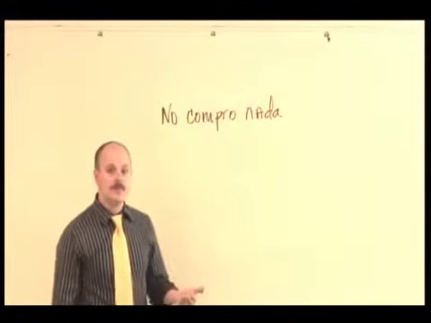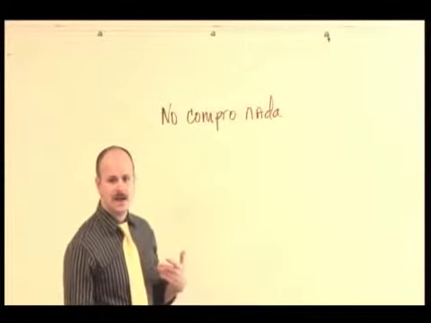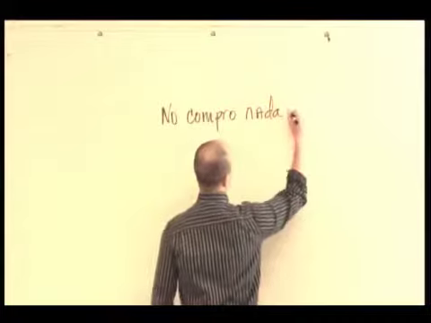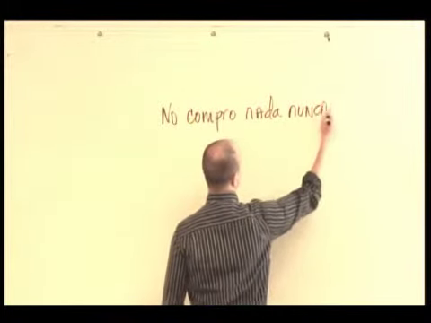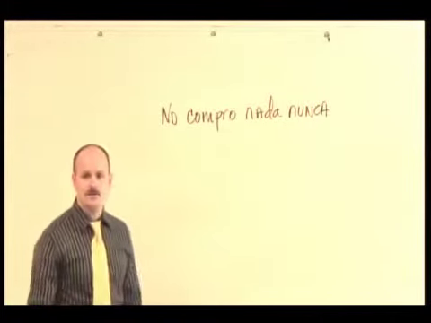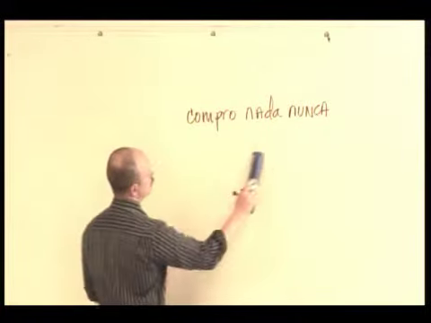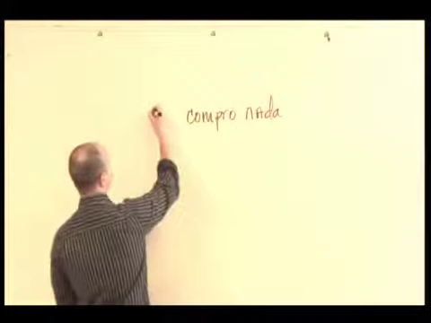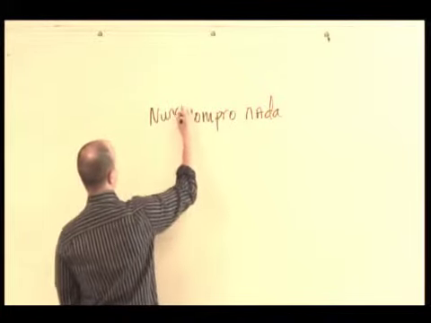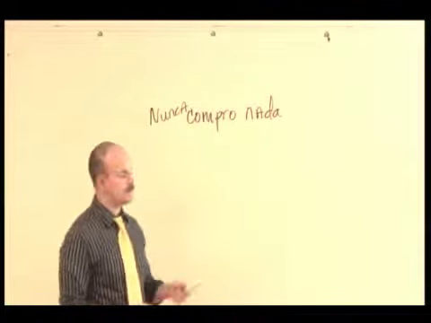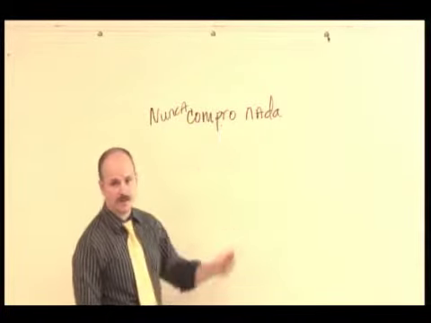But if I don't ever buy anything, in Spanish we'd say I don't never buy anything, and we could say no compro nada nunca, which would mean I never buy anything. I can of course as well put this nunca at the beginning. Nunca compro nada. I never buy anything. In Spanish we're saying I never buy nothing.